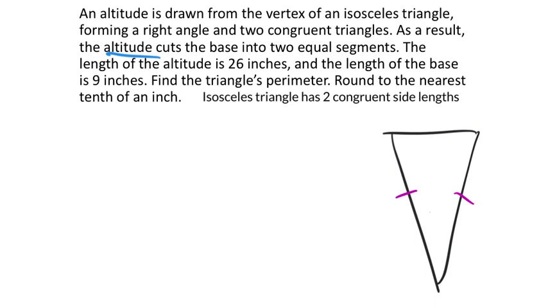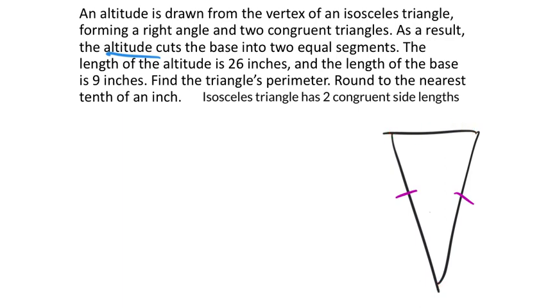So we have this isosceles triangle. Here's what else it says. You have an altitude drawn from the vertex of an isosceles triangle. A vertex is just one of the corners. It says the altitude forms a right angle and two congruent triangles. So that means it would have to go from this vertex, not this one or this one.